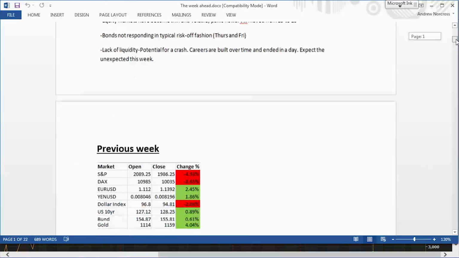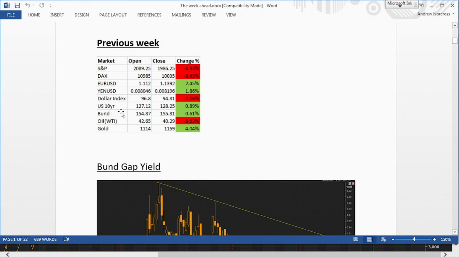Let's then move on and just have a quick summary of last week. So as you can see, blood across the equity markets. I've got the S&P here down just shy of 5% on the week, and the DAX down just shy of 8.5% on the week. And just note that underperformance by Europe was seen for most part of the week, Monday, Tuesday, Wednesday, with the US markets then catching up a little bit on Thursday and Friday.